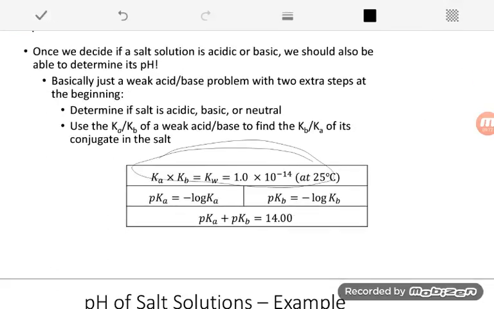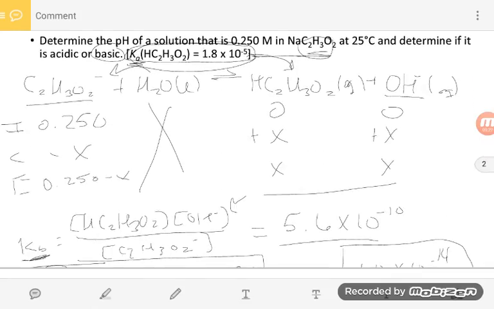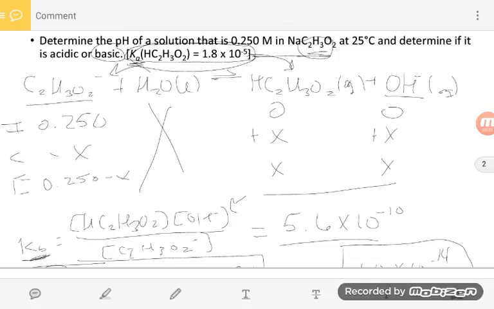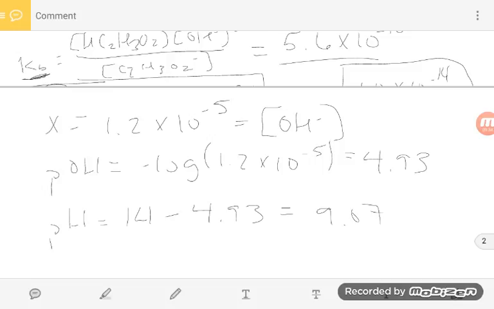So we can use this relationship right here to find the Ka of our conjugate acid if they give me the Kb of a base, or to figure out the Kb of a base if they give me the conjugate acid. So here they gave me a Ka, and I use that to get my Kb. After that, you just solve an equilibrium problem, go back, see what it really gave you, and use that ultimately to get your pH.